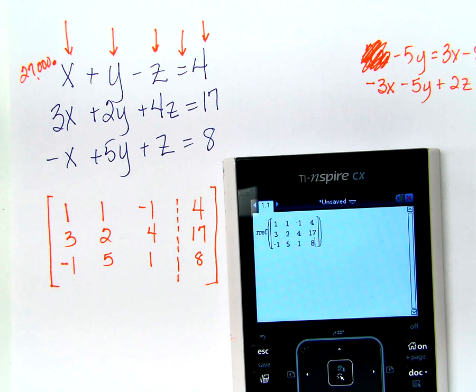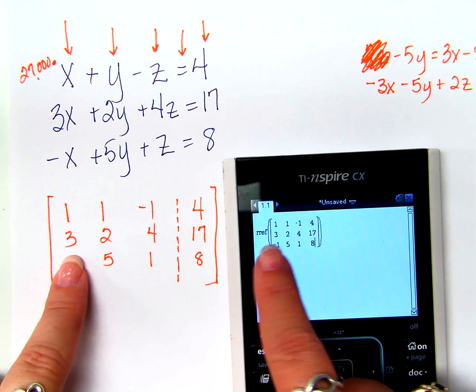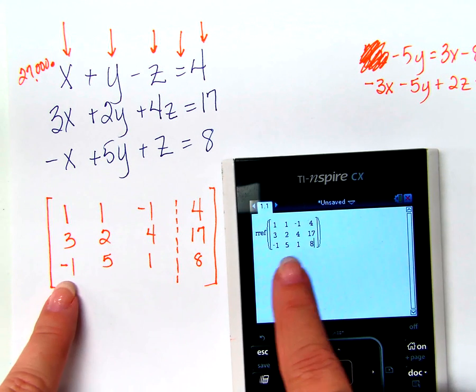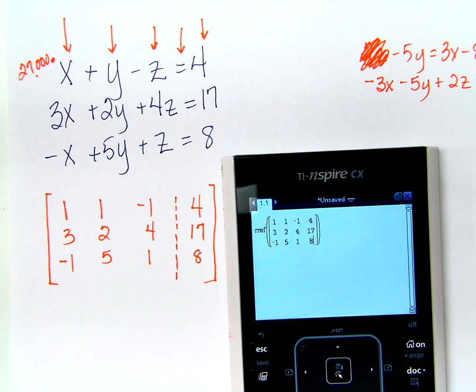Before you hit enter, go back and check. 1, 1, -1, 4, 3, 2, 4, 17, -1, 5, 1, 8. It takes way less time to go back and check than it does to enter it again. And then we press enter.